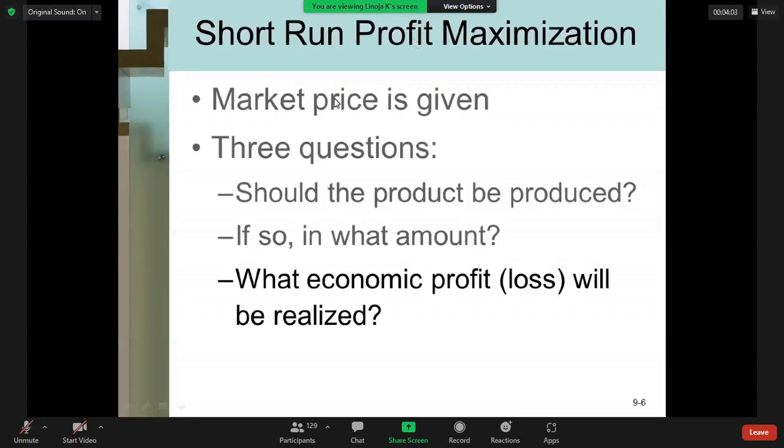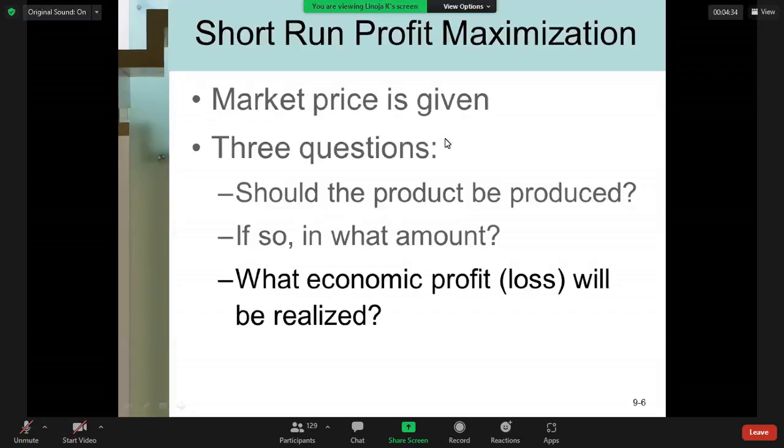So the market price is given, and we need to ask this question: should the product be produced? In the short run profit maximization, do we need to produce it? If we are producing, in which amount, and is it an economic profit or loss, right? In every market we have some condition to maximize the profit.